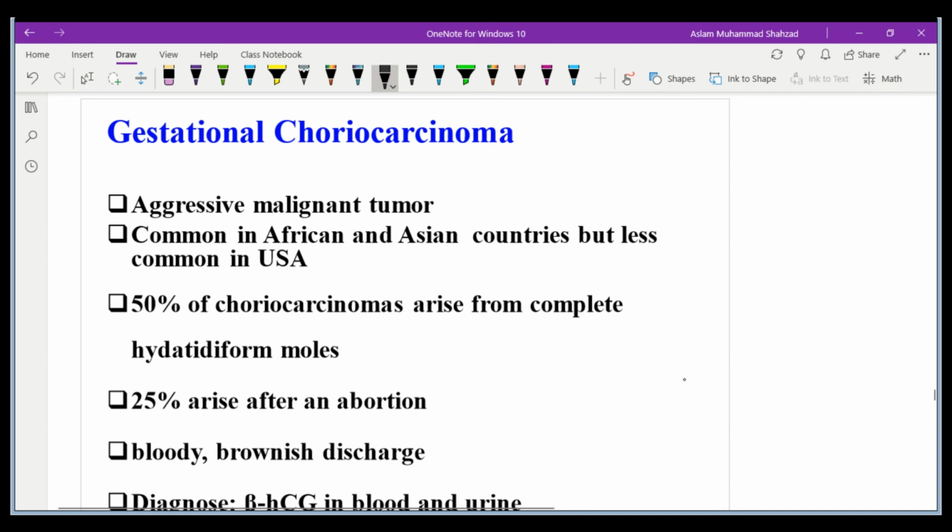Gestational choriocarcinoma is an aggressive malignant tumor, commonly occurring in African and Asian countries but less common in the United States. 50% of choriocarcinoma arises from complete hydatidiform mole, which means that if a patient has a complete hydatidiform mole, it can convert into choriocarcinoma.